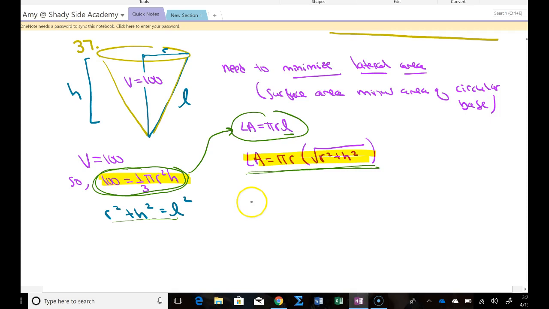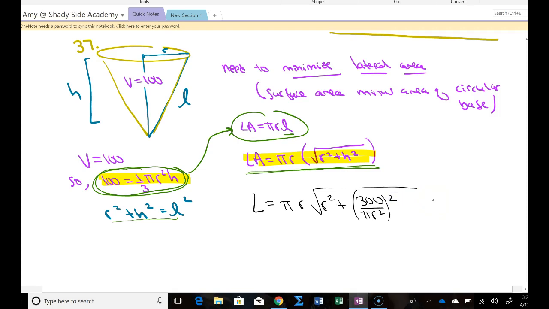Okay? L will equal pi r times the square root of r squared plus, now here's what H is going to be. It's going to be 300 over pi r squared, all of that squared. You agree?